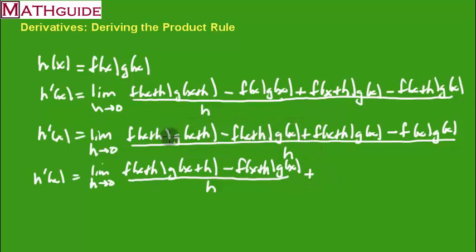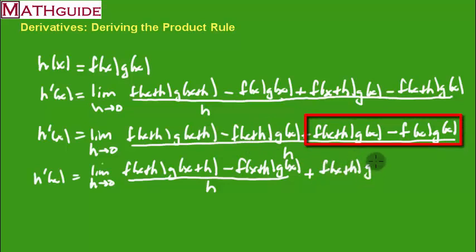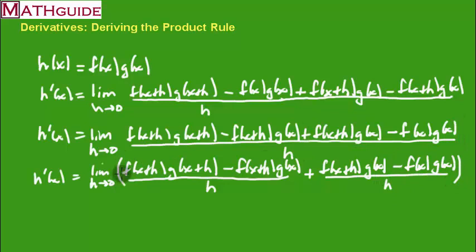I put these two as one fraction, and then here's going to be another fraction: f of x plus h, g of x, minus f of x, g of x, all over h. Of course, we're taking the limit of this entire thing as h approaches 0.